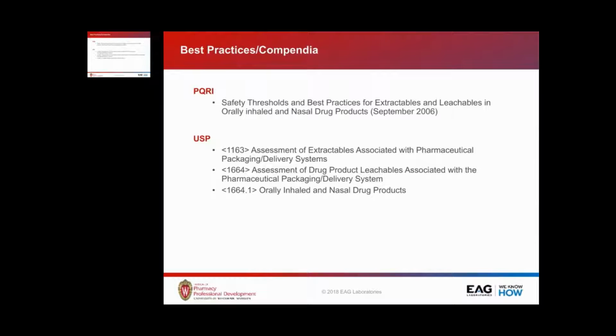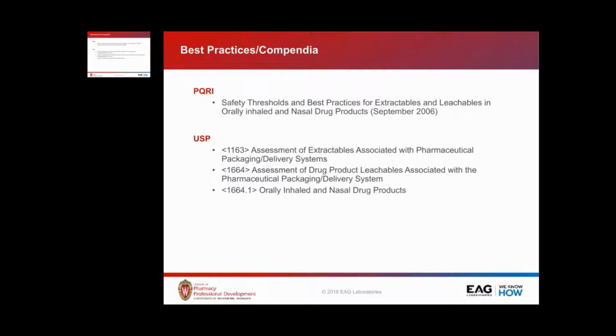It is important to note that because of the way that the USP is set up, these chapters in the USP are informational. Any chapter that's over 1,000 is informational only in the USP. So they're good guides, they're best practices, but you can deviate from them, but they have really great information in terms of how to execute some of these studies or give some background.